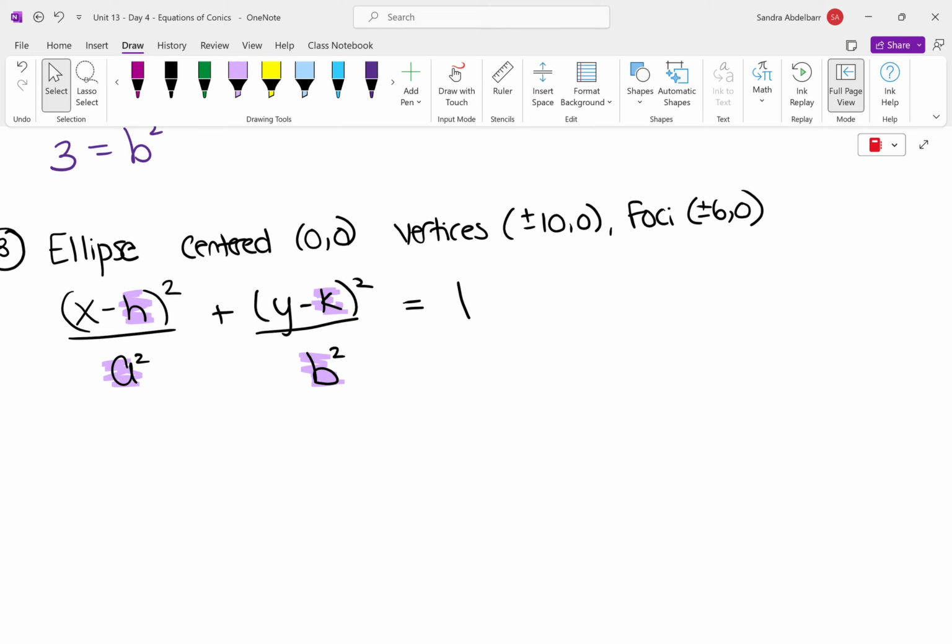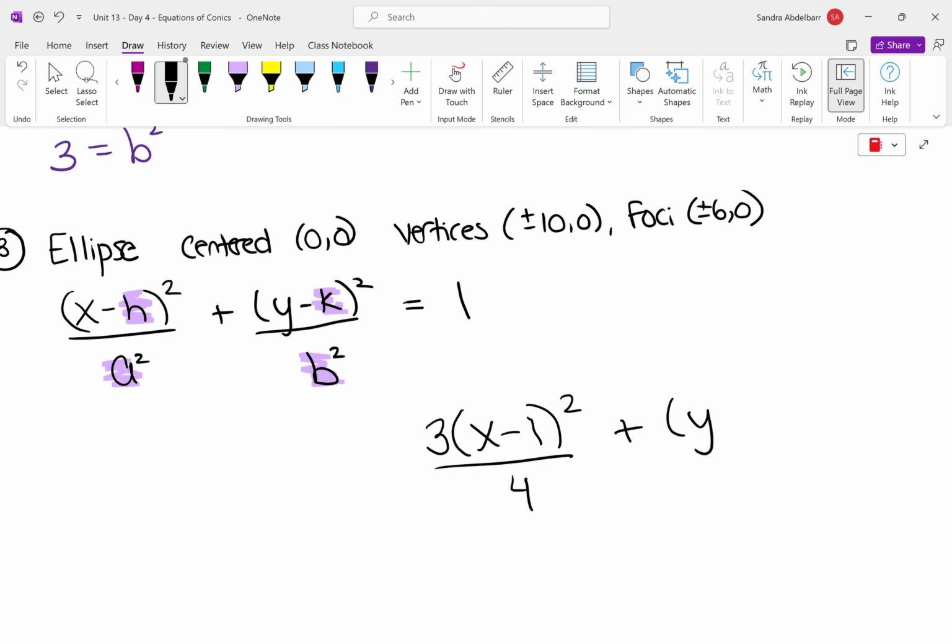Is there any scenario where they would be the same, like for A and B, or would that just be a circle? Yes, that would just be a circle unless I can be sneaky. Don't write this down because it doesn't involve the problem, but let's say it was 3 times x minus 1 over 4 plus y plus 3 over 4 equals 1.